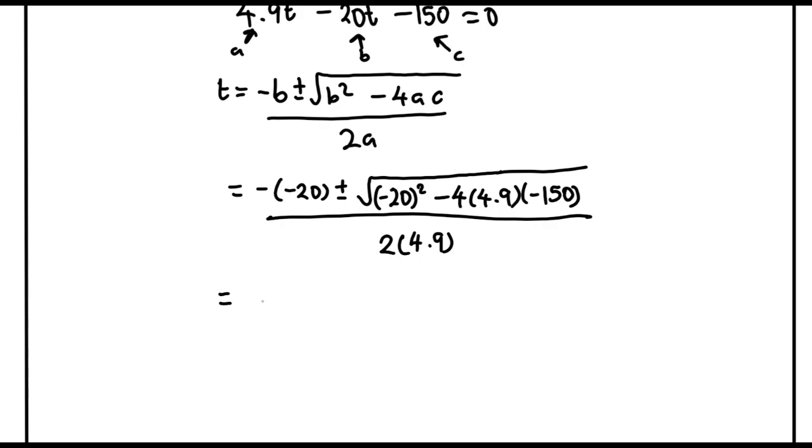Negative and negative give us a positive, so that's positive 20 plus or minus square root. What's 4 times 4.9 times 150? And this is negative times negative, so we'll have positive.